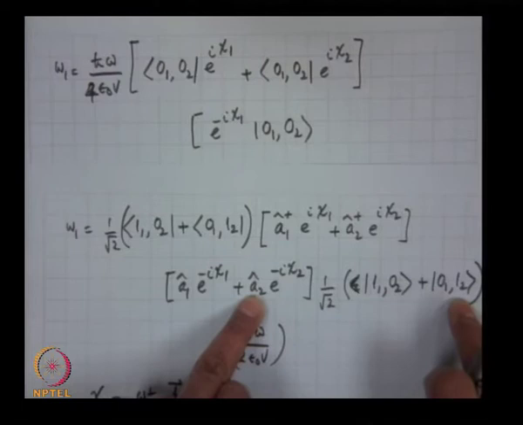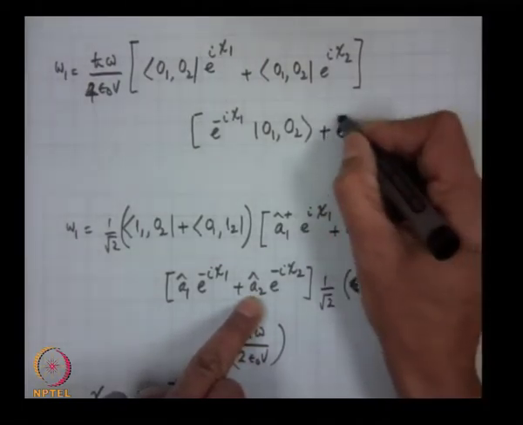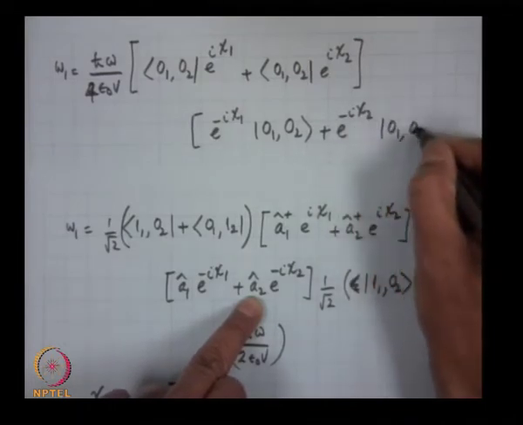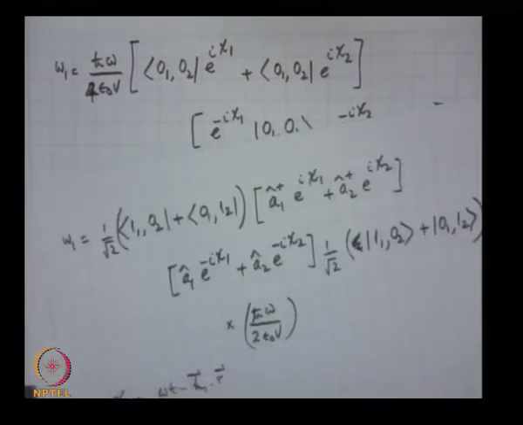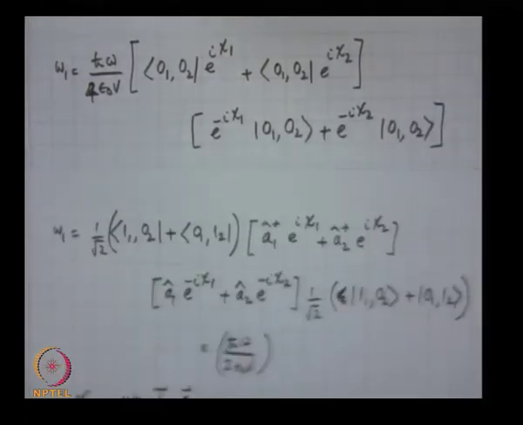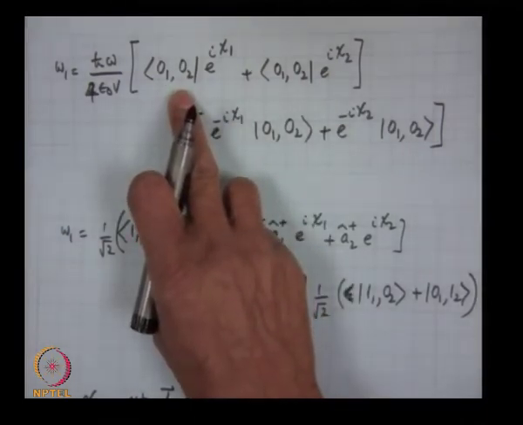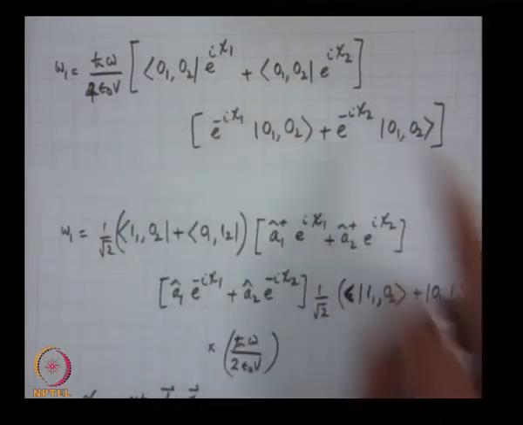A2 operating on this gives me exponential minus I chi 2, 0102. This is the vacuum state. Actually, all others are anyway zeros. I'm not writing them here, but 3, 4, 5, everything is 0. So this is 0, this is 0. These are all the same states.